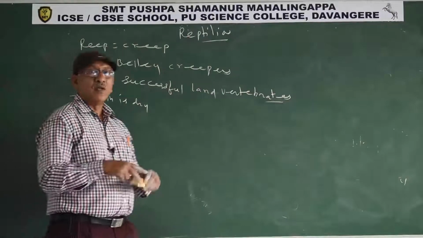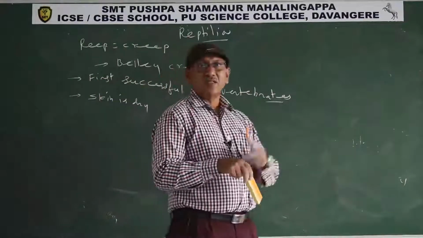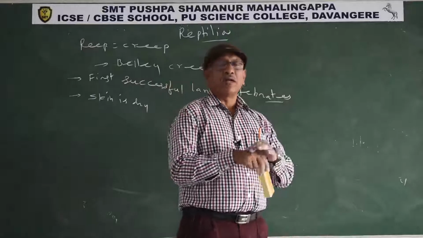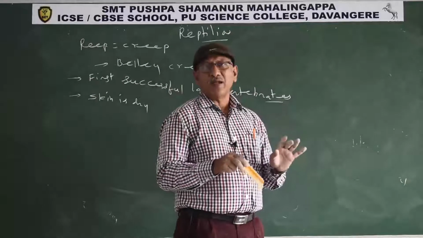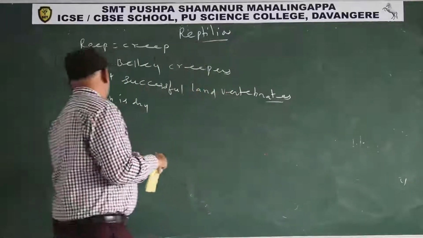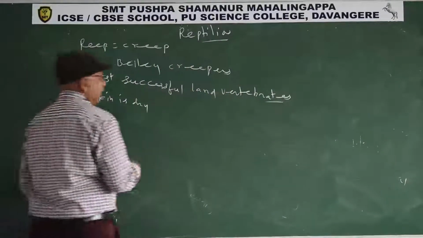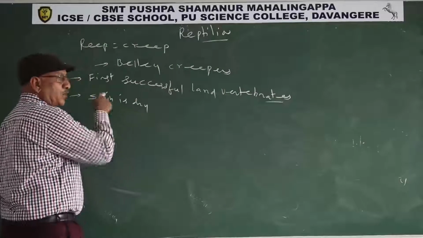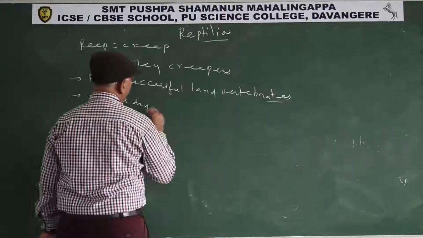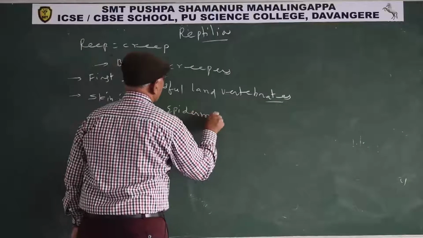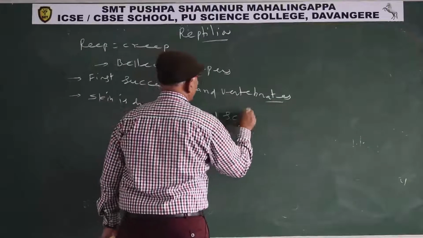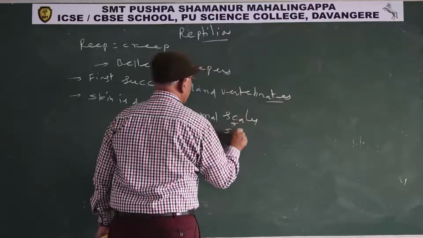In mammals, 4 types of glands are present in skin: sweat glands, sebaceous glands, scent glands, mammary glands. So skin is dry. Why is skin dry? Due to absence of glands. Covered by epidermal scales or scutes.